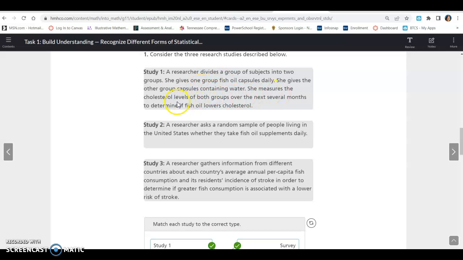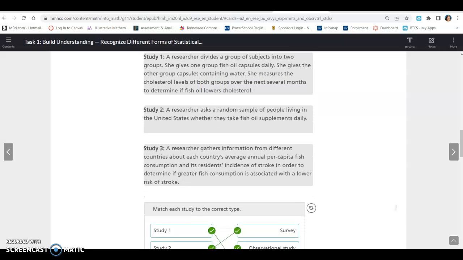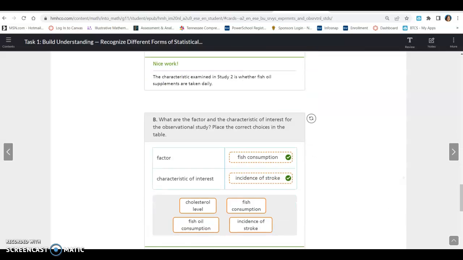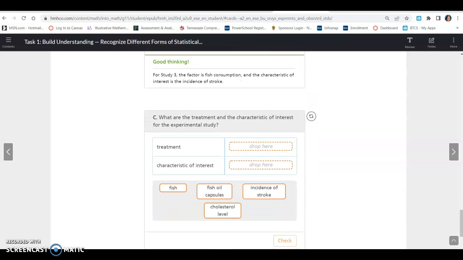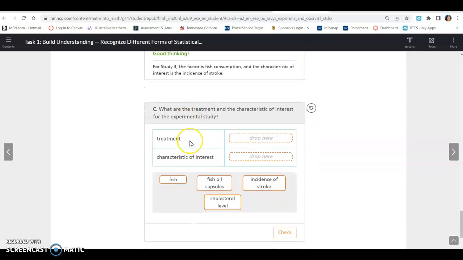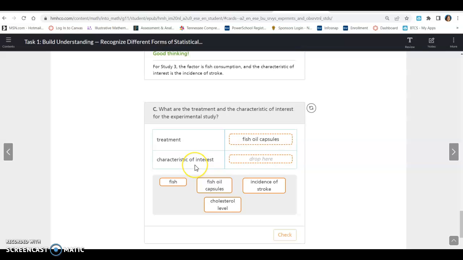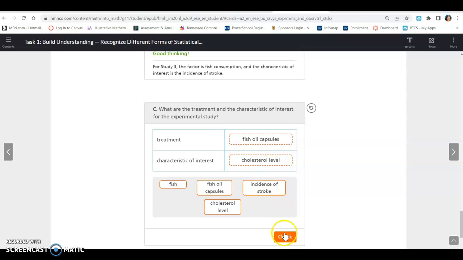She measures the cholesterol levels of both groups to see if one lowers the cholesterol. All right, so the treatment is the fish oil capsules. And the characteristic of interest is, does it change the cholesterol level?